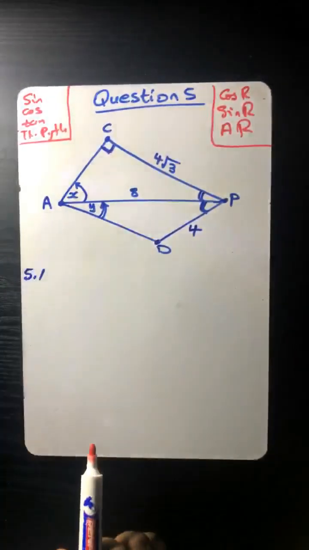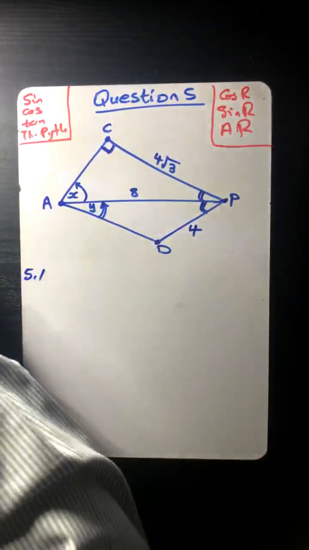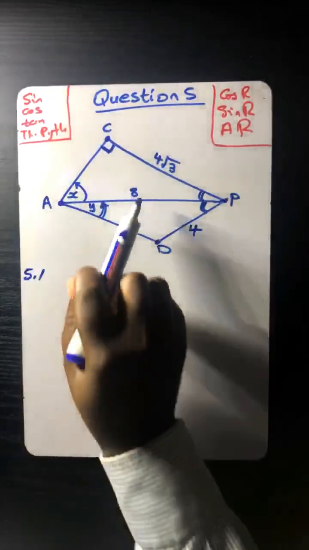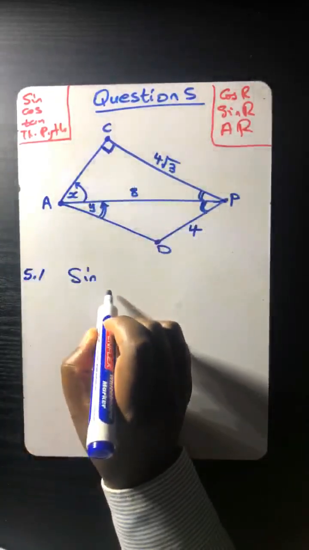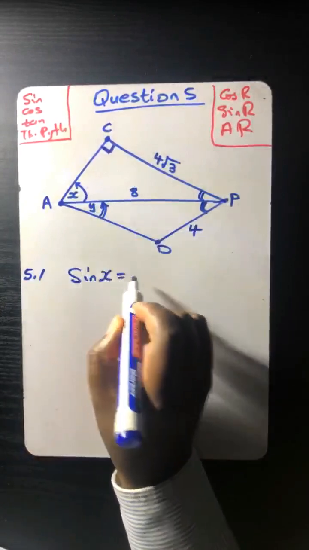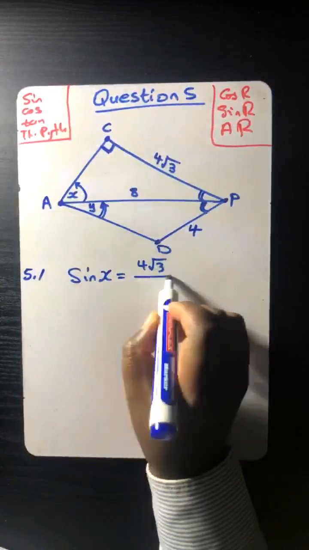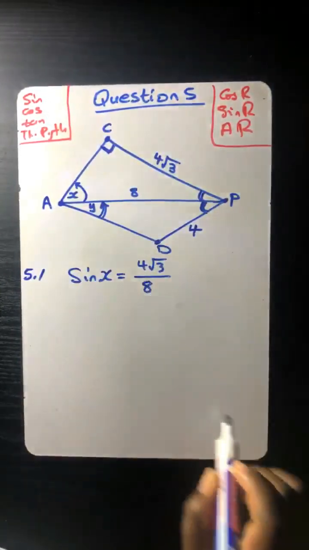It seems like sine is going to be the relevant one because we've got the side which is opposite to the angle, and again, we have the hypotenuse. So sine of angle x is equal to opposite, which is 4 root 3, divided by, I think this is now 8.